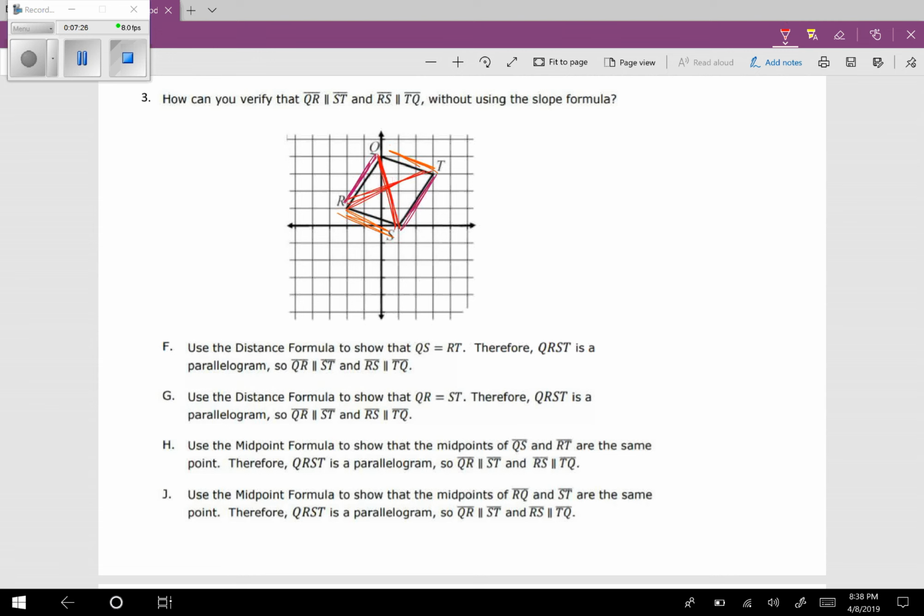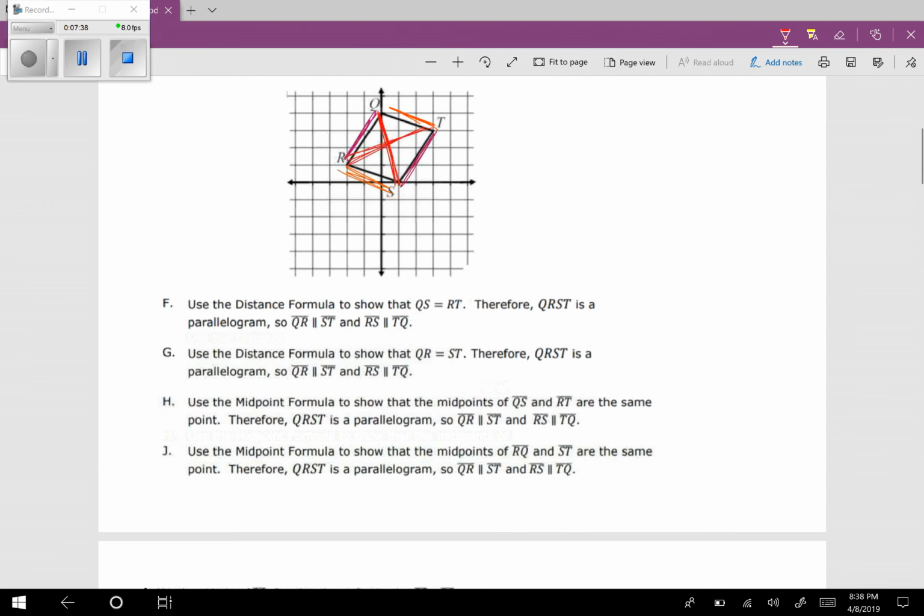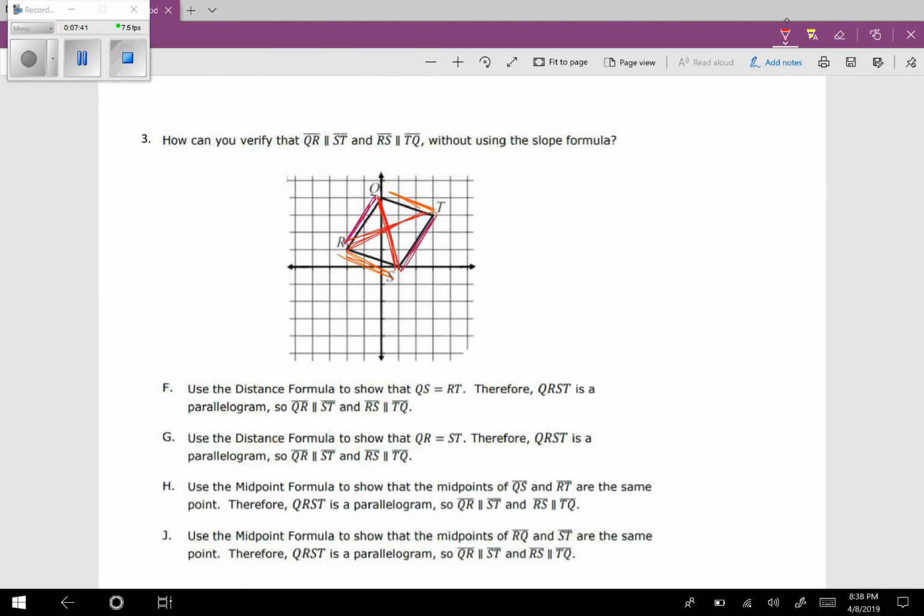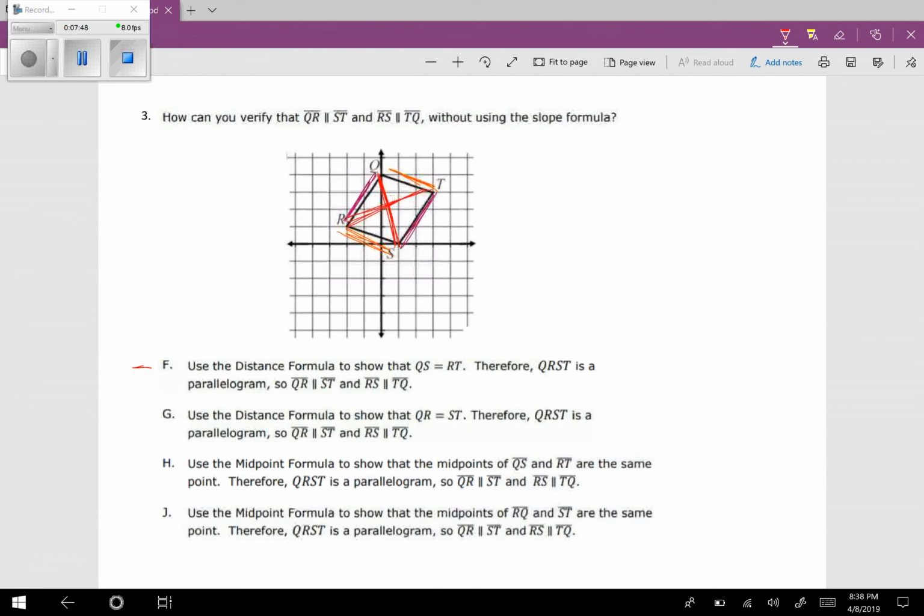Okay, just because we got the same diagonals doesn't necessarily mean that they are a parallelogram. So we can't really, because if we're trying to show that the pairs of sides are parallel, then we have to show it's a parallelogram. So this one, it's a maybe.